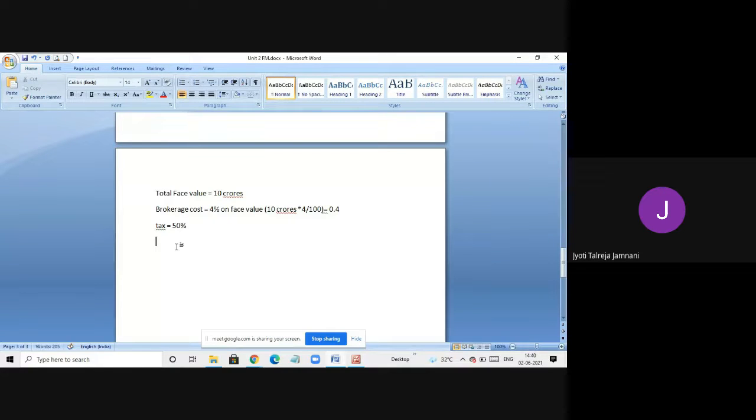So first let's do at par. At par, the net proceeds will be equal to face value minus brokerage cost, or you can also write cost of issue.